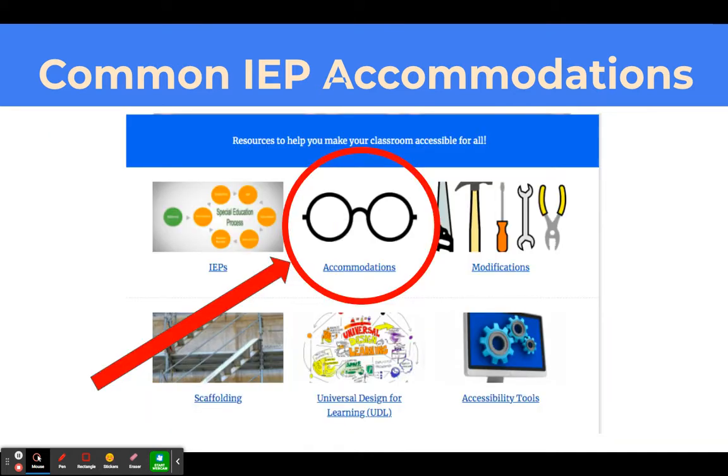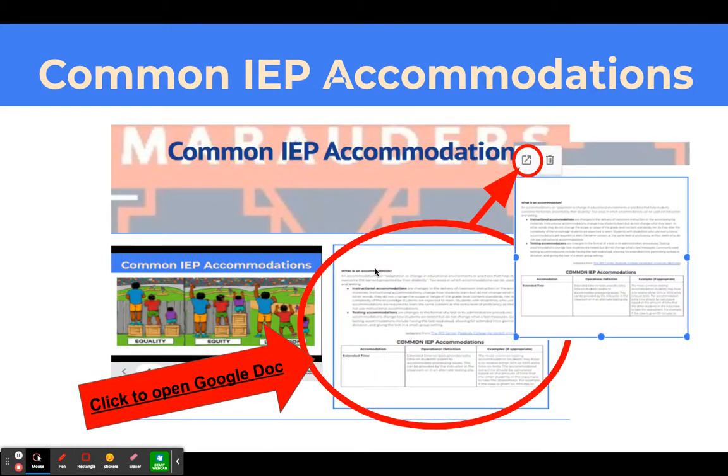So how are you going to access this resource? Well, obviously you've already come to this page, which is accommodations. When you click into this page, you're going to see an image of the full resource.